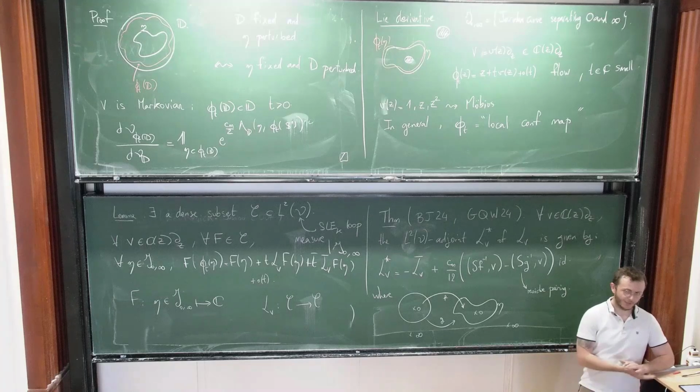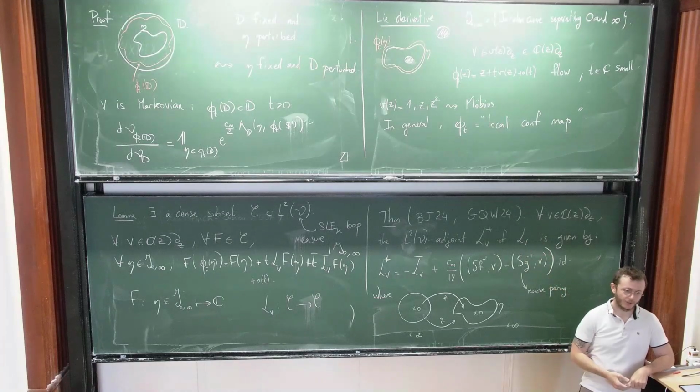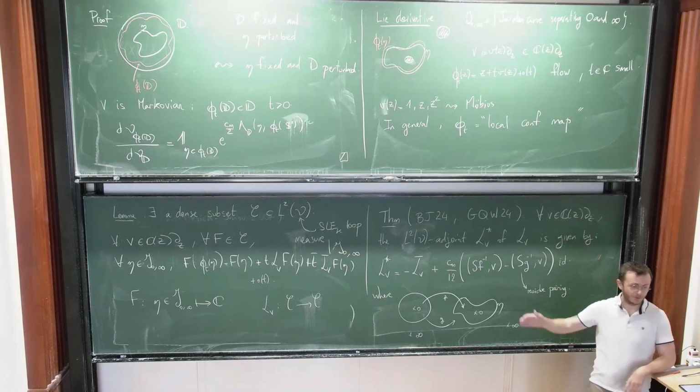And now you have this integration by parts formula. You want to show that this characterizes entirely the measure, and so you are back to this Hermite polynomial story. You want to build a family of polynomials out of this formula.